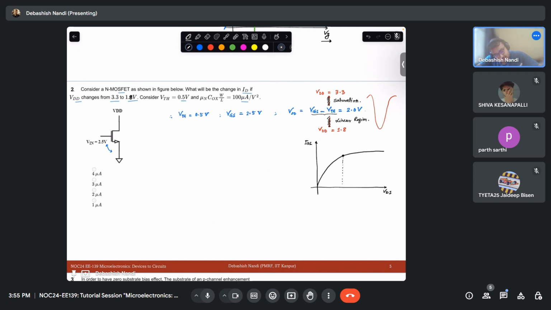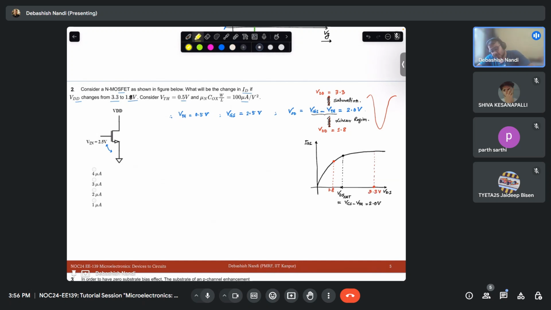Somewhere here is the point we call VDS sat, which on the first order is equal to VGS minus VTH, and in our case it is 2 volt. We are asked to calculate at this point, 1.8 volt, and at this point, 3.3 volt.